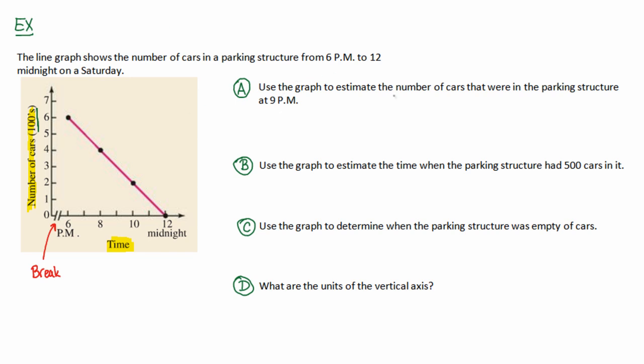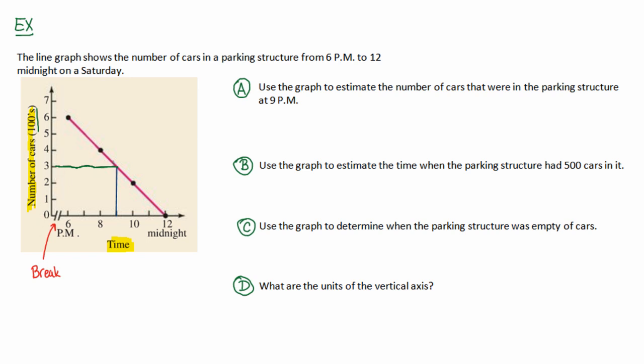Use the graph to estimate the number of cars that were in the parking structure at 9 p.m. The number of cars is represented by the vertical axis, and the time is represented by the horizontal axis, like we stated. We want to look at 9 p.m. and estimate the number of cars at that time. So I draw a vertical line up from 9 p.m. to hit the graph, and I'll draw that over to see where it hits the vertical axis.